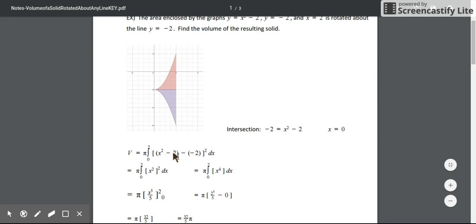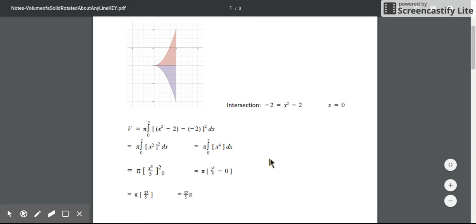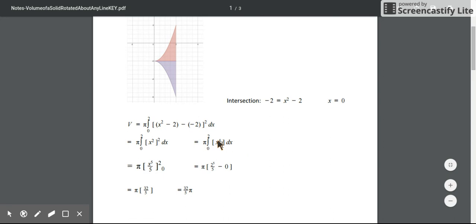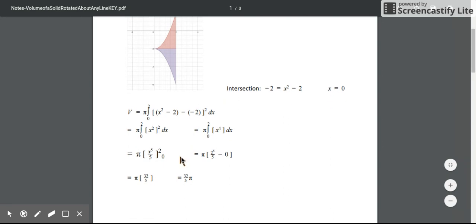So we know we get our radius squared by subtracting our axis of rotation from our function. So that leaves +2. -2 just leaves 0. So we just got x squared, squared. And simplify that to x to the 4th. Now we can find our antiderivative and evaluate our integral. That's x to the 5th over 5, and we're going to evaluate that at 2.